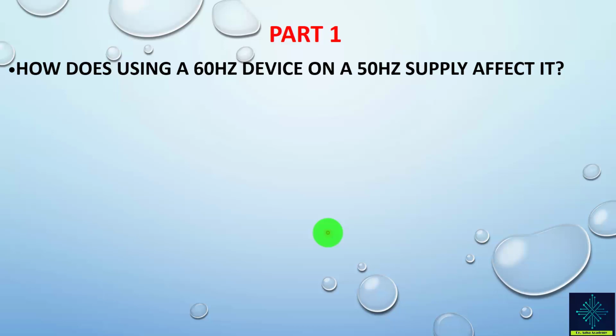So part one: how does using a 60 Hz device on a 50 Hz supply affect it? Imagine you're buying an electrical device like a microwave, a refrigerator, a washing machine, a deep fryer from the US and coming into Europe or some Arabic or African country, and you want to operate this machine.